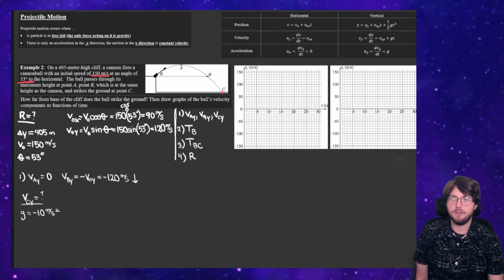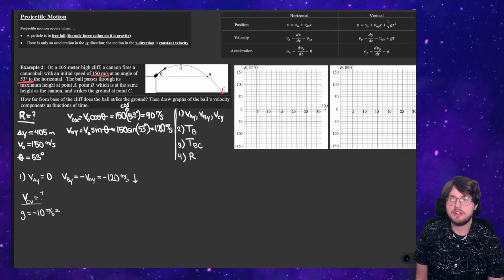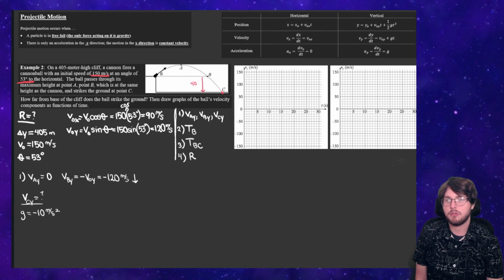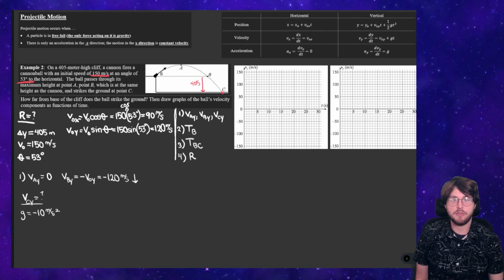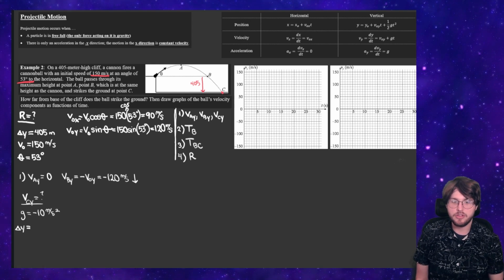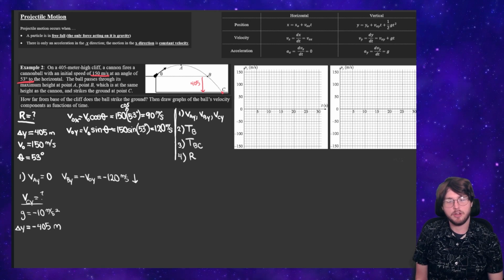And then let's see, what else do we have? Well, we do have the delta Y. We're going to know the displacement from here to here is 405. So that is our third piece of information. We have delta Y equals, notice that it's down between these 2 points, so it'll be negative 405 meters to the bottom.